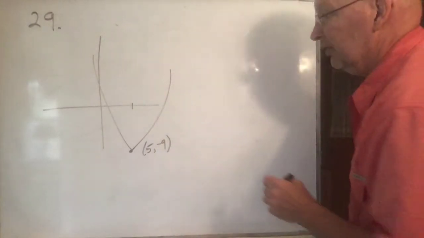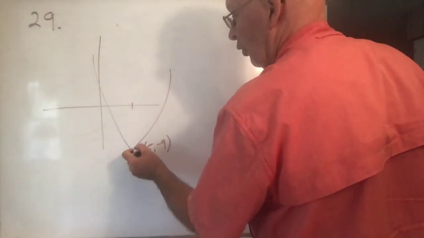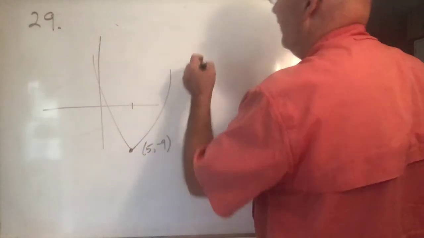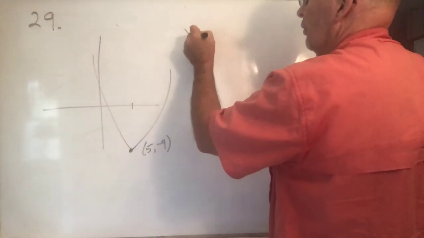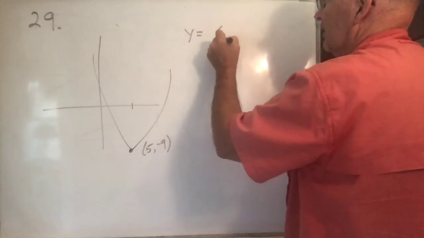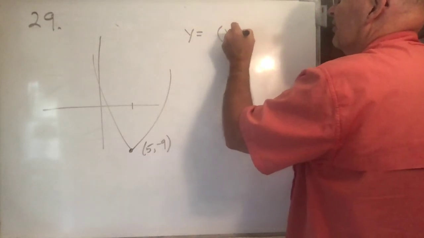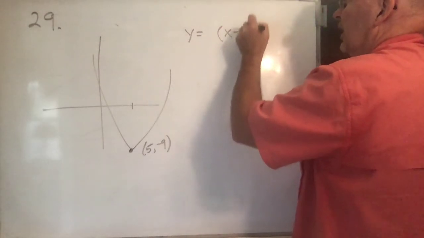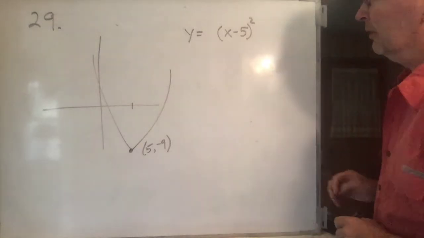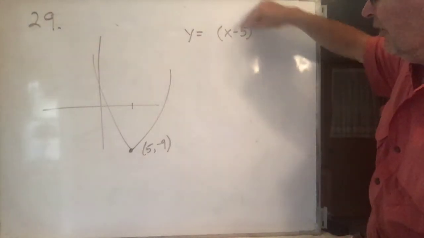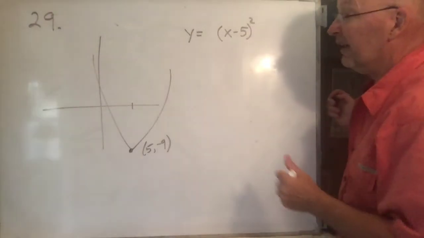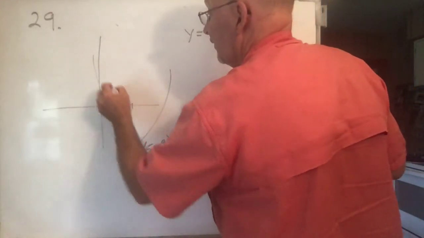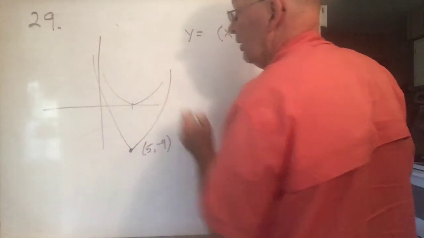I know since the vertex is over here at 5, I know that the general equation is going to look something like this. It's going to be x minus 5 squared. Because if I were just to graph that, it would graph into one like this.